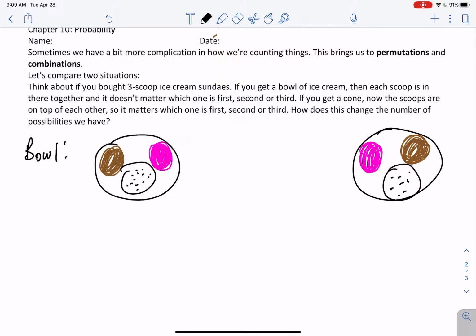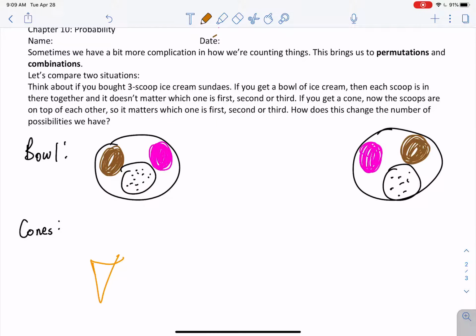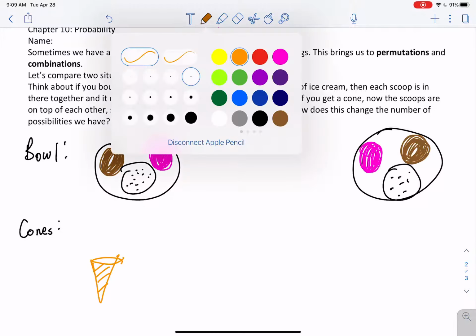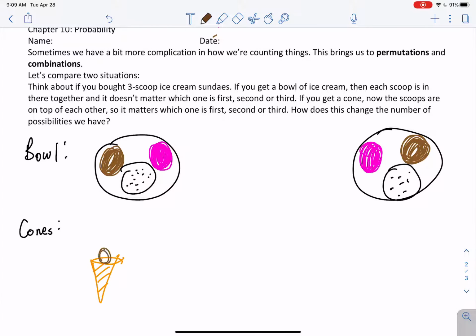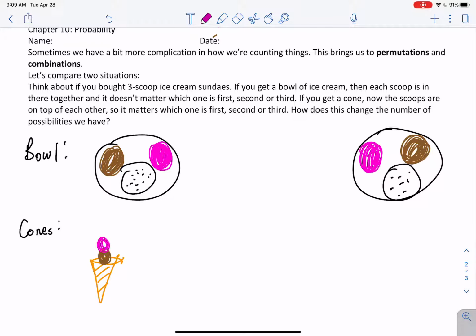Now let's think of cones. With the cone, I can put chocolate, and then strawberry, and then vanilla.